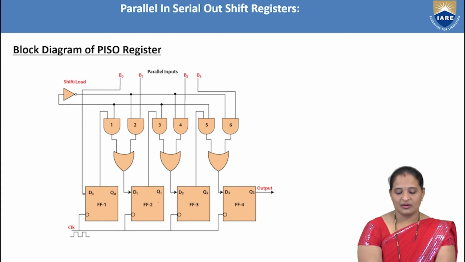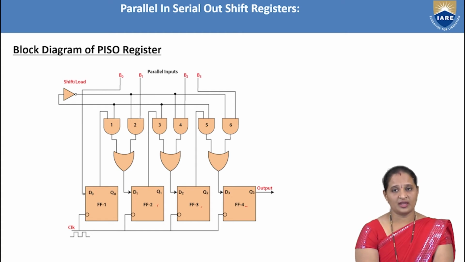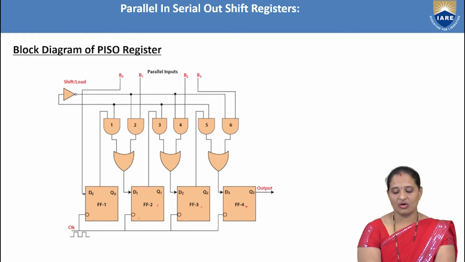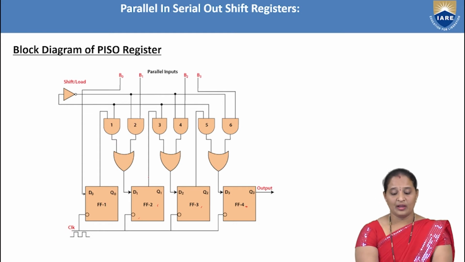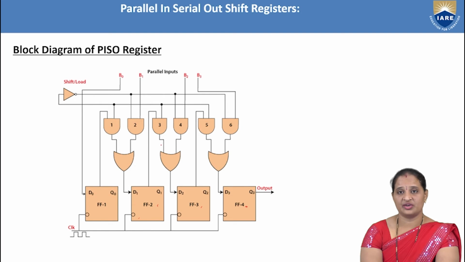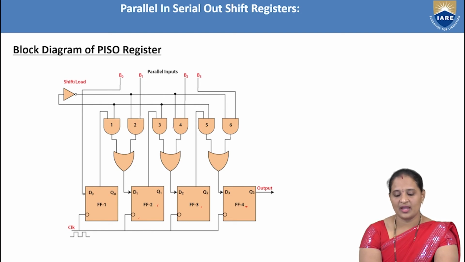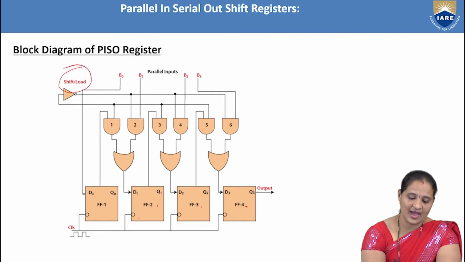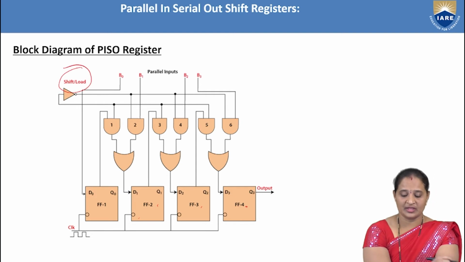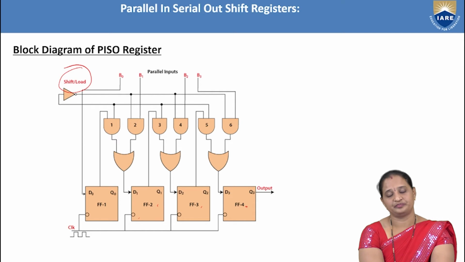Here we have taken 4 D flip-flops, and all the flip-flops are applied with the same clock pulse. Now we have some logic circuit here, AND gates followed by OR gates. Before that we have a control input, that is shift or load.